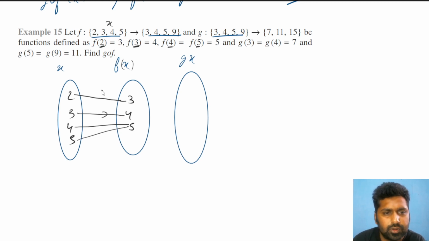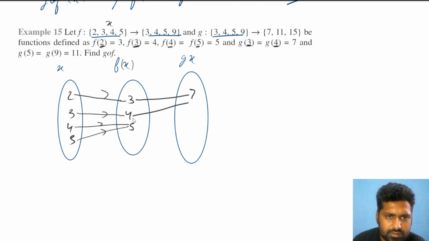Although it looked like you are adding 1, for 4 you got 5, and for 5 also you got 5. Now if I put 3 inside g(x), g of 3 is 7, and g of 4 also generates 7. Both are the same values.